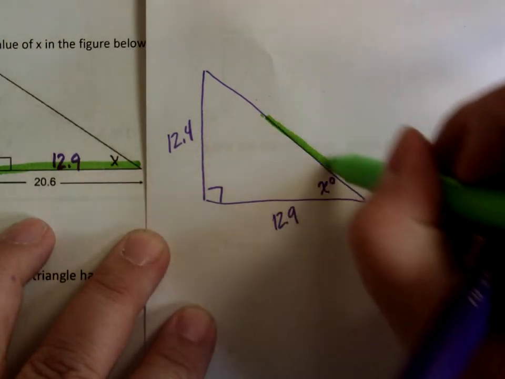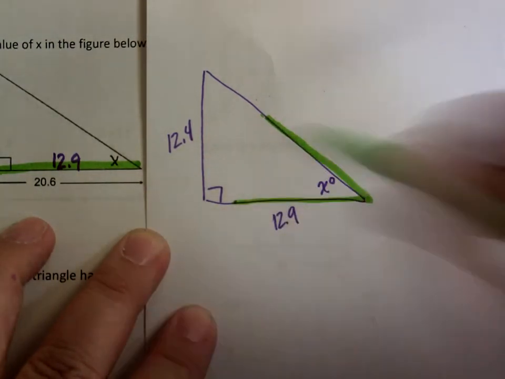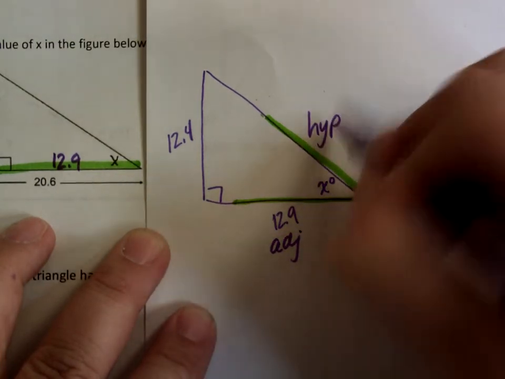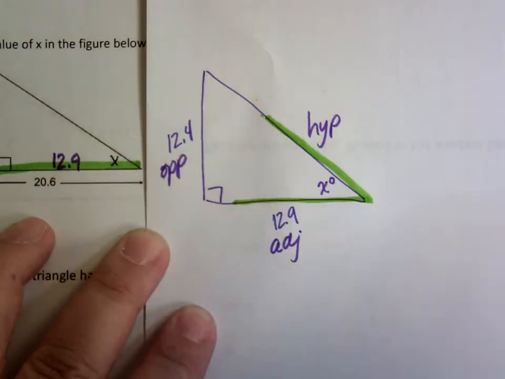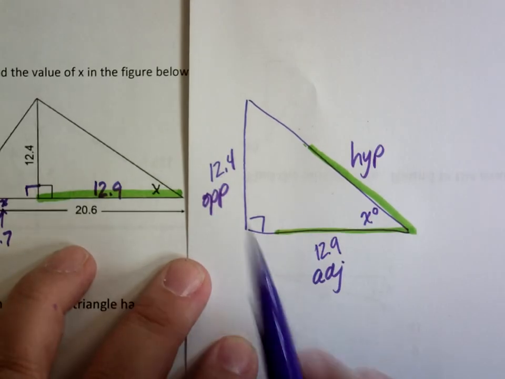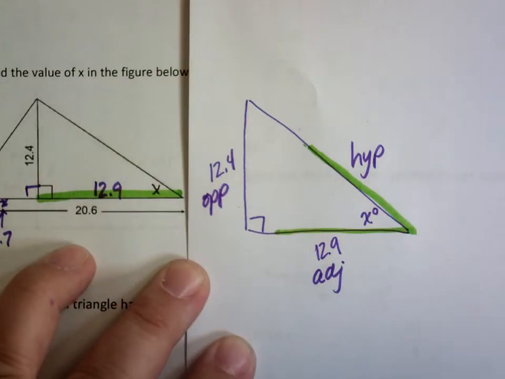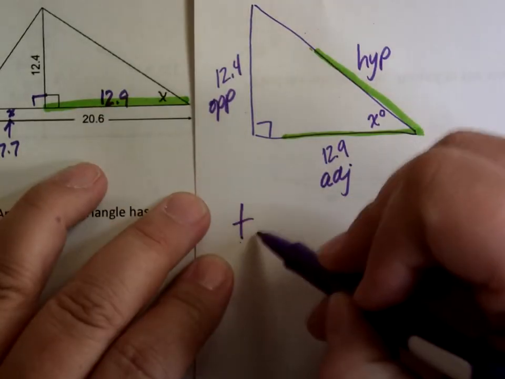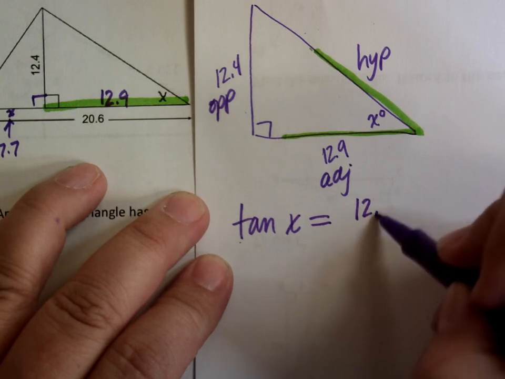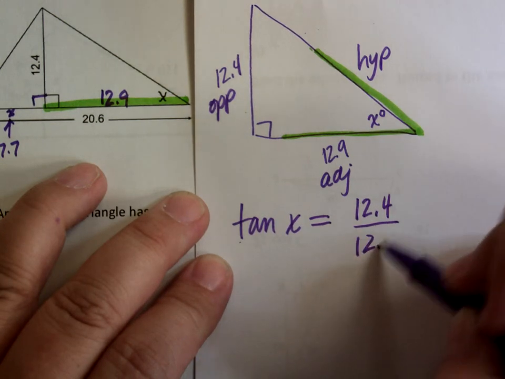This is the hypotenuse, so this is the adjacent. So adjacent here, hypotenuse here. That makes 12.4 the opposite. Okay, so I'm working with the opposite and the adjacent, so again I'm using tangent. So tan of angle x, this time I don't know the angle, equals opposite over adjacent.